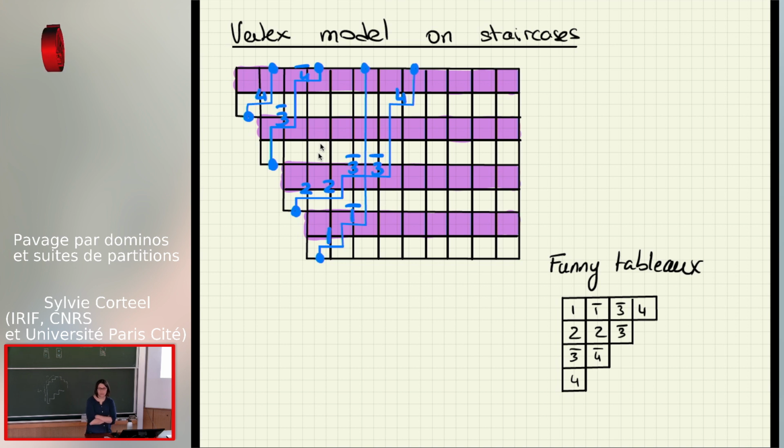It's very simple: if you have two horizontal dimers or two vertical dimers, you give a power of q to each pair. If you just want to count the number of vertical tiles, for example, there's a way for a pair of two adjacent aligned tiles.